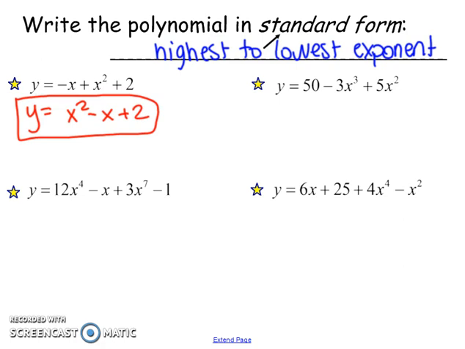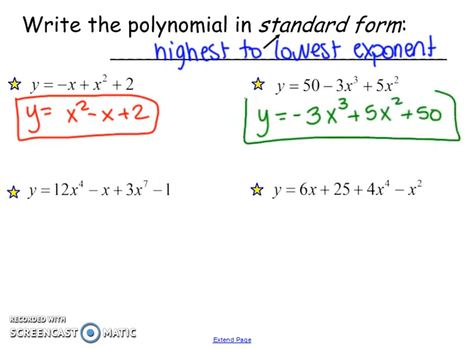And the second one, again, the highest exponent is going to go first, so we're going to put the x to the third first, so we're going to put negative 3x to the third. Then we have the x squared term, so plus 5x squared, and then plus 50. Okay, now on this one, the highest exponent would be the x to the 7th.